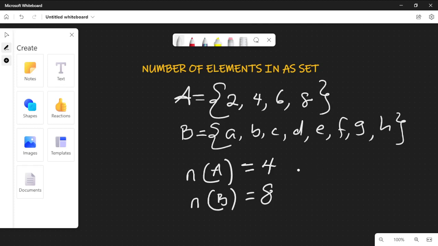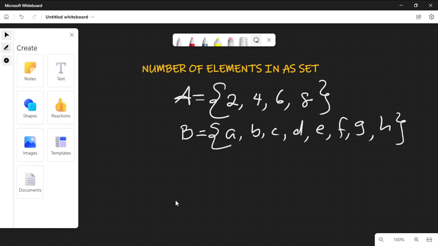Now, if I may quickly ask, let's make it a bit more complex. Let me say I have a set P, and P is equal to the set 2, 2, 2, 2, 7, 8, 8, 8, like this.